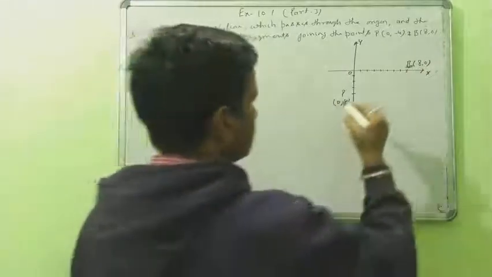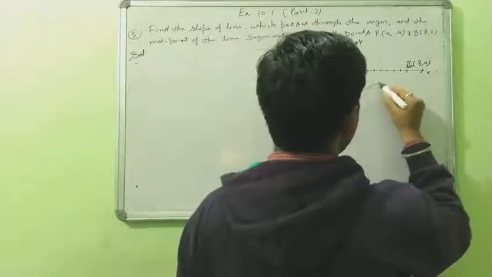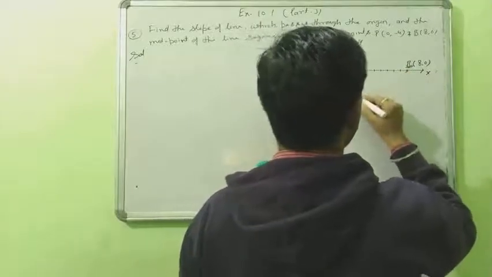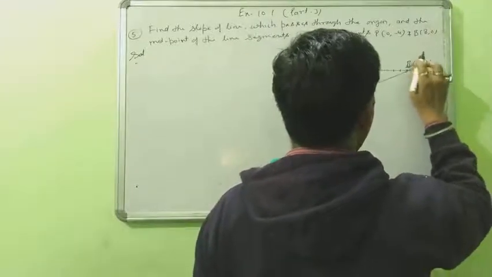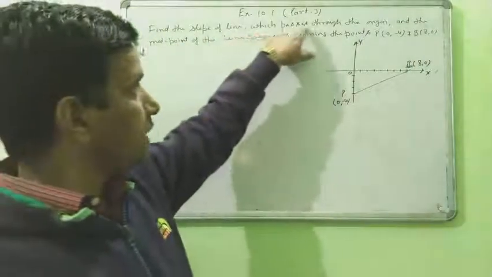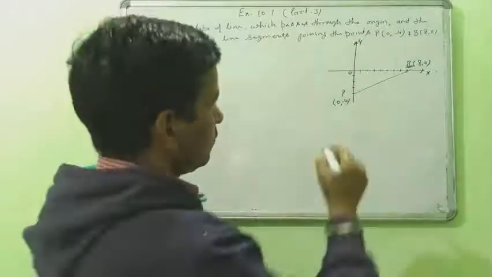First we draw this line. Find the slope of the line which passes through the origin. So you draw the line.